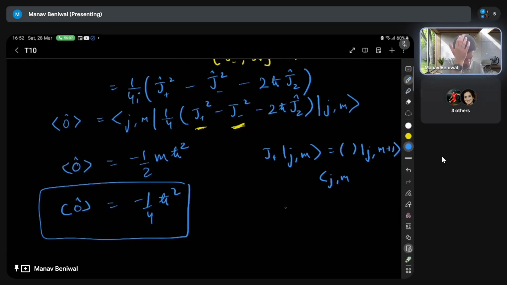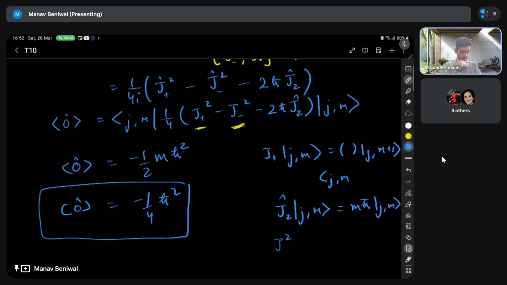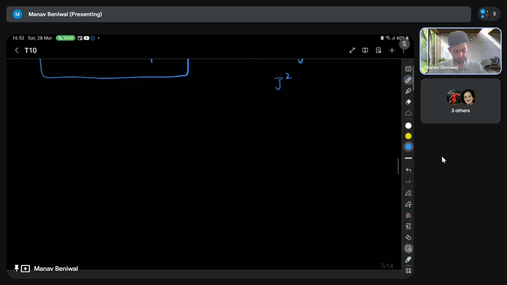Similarly, when we have jz acting on this j comma m eigenstate, we get the eigenvalue m h cut, and the state remains the same, because this state is an eigenfunction of jz and j squared. These states do not change. Instead, we just get this eigenvalue m h cut. So this was one way of doing it.